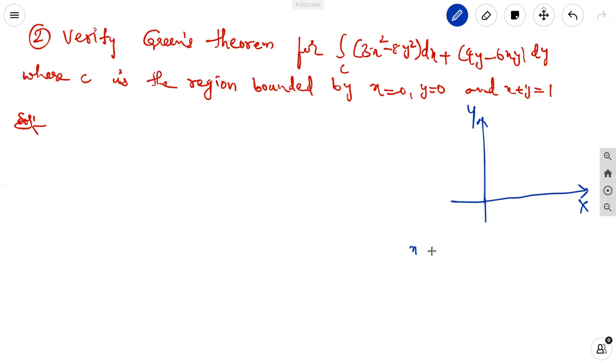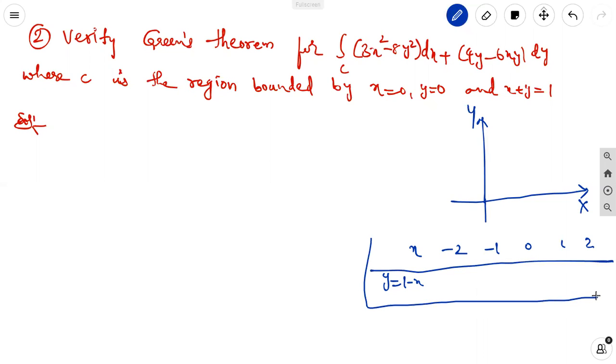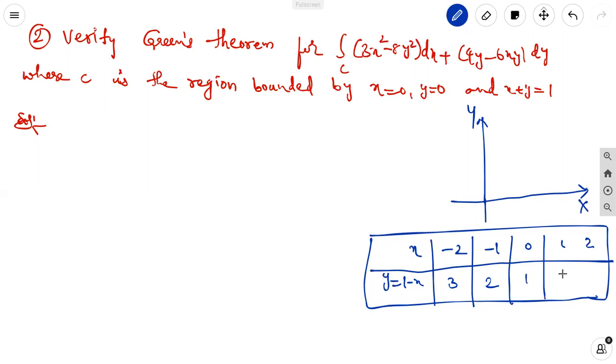We can take x values as minus 2, minus 1, 0, 1, 2. What is y? y equal to 1 minus x, taking x to the left side, it will be the line x plus y equal to 1. From this, 1 minus minus 2 is 3, 1 minus minus 1 is 2, 1 minus 0 is 1, 1 minus 1 is 0, 1 minus 2 is minus 1.